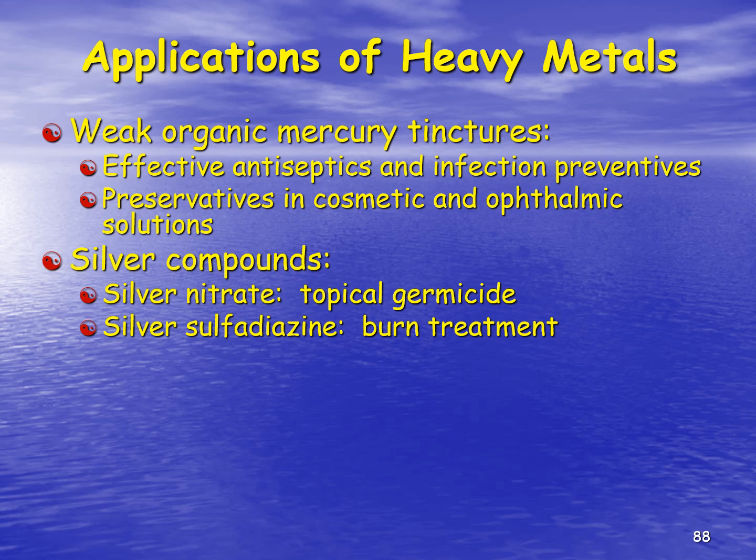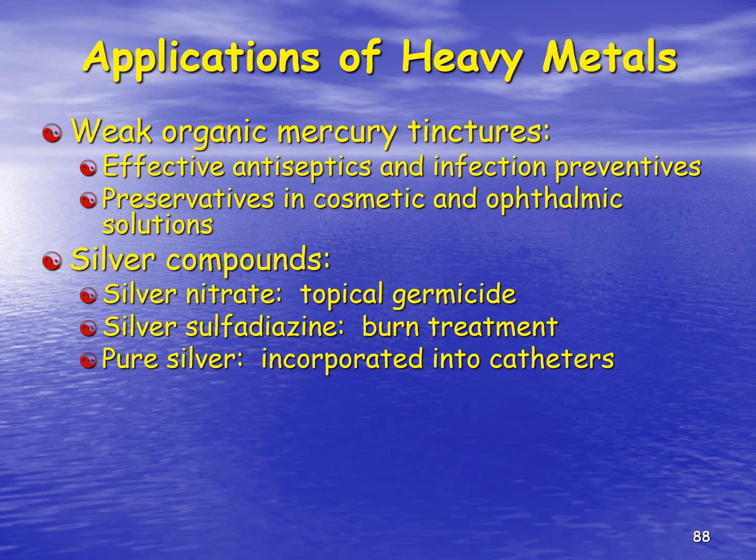It's silver mixed with one of the sulfa drugs, and it works really well against Pseudomonas in burn therapy. And so in burn treatment, we often use silver sulfadiazine to work against the Pseudomonas infections that we often will see. Pure silver is actually incorporated into the lining of catheters, especially IV catheters.